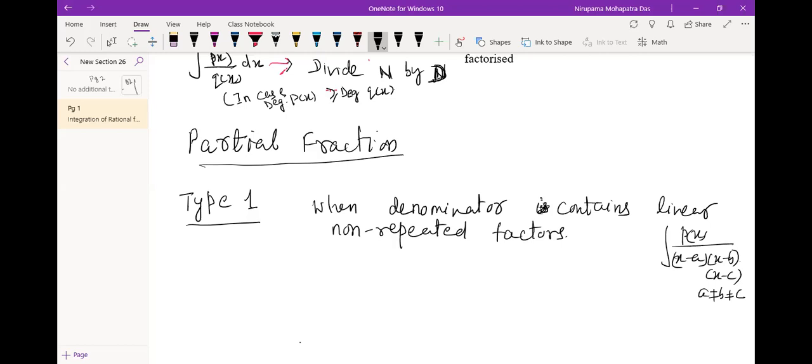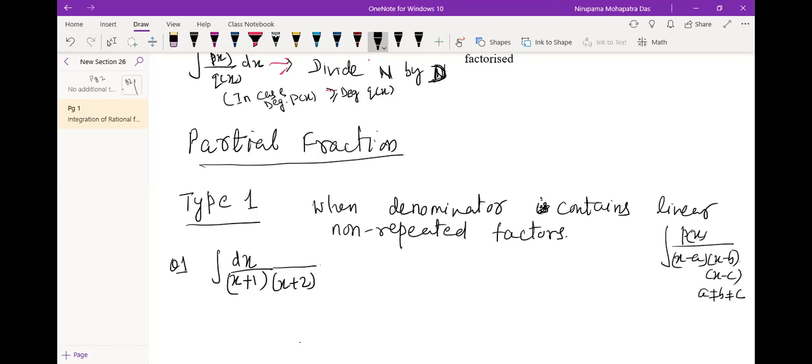Let me take one question and I will tell you how to solve it. Suppose we want to integrate dx by (x plus 1) into (x plus 2). We are in type 1, meaning the denominator contains linear non-repeated factors.